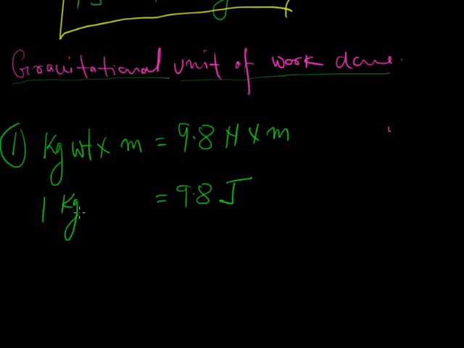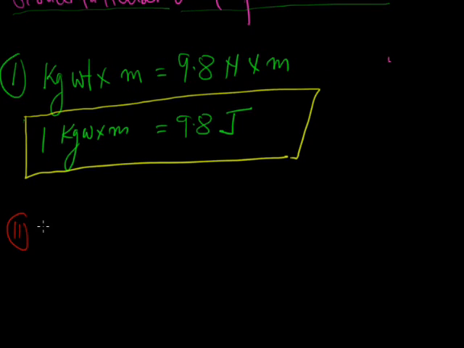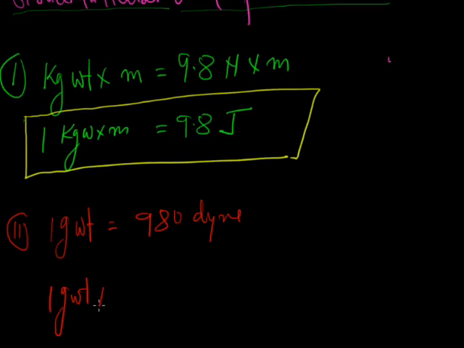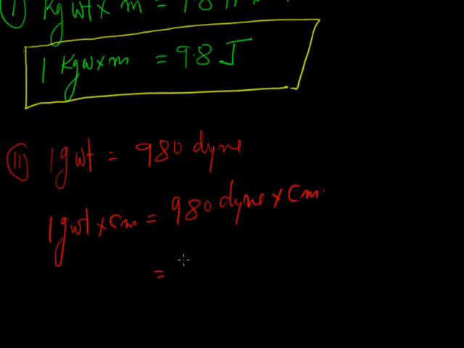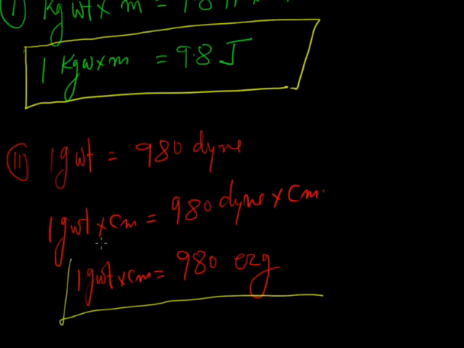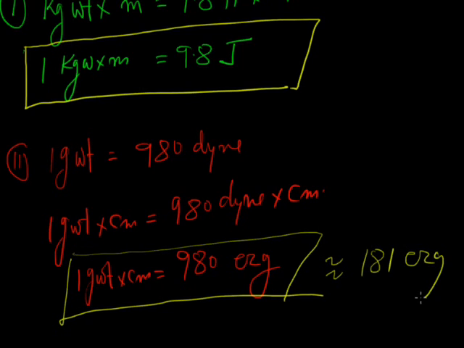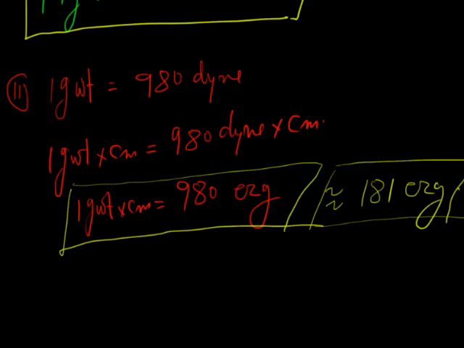So 1 kg weight into meter will be equal to 9.8 joule. In the CGS system, 1 gram weight is equal to 980 dyne, or 1 gram weight into centimeter is equal to 980 dyne into centimeter, and dyne into centimeter is erg, so it is equal to 980 erg. 1 gram weight into centimeter is equal to 980 or 981 erg. One and the same thing. There is no difference between them.